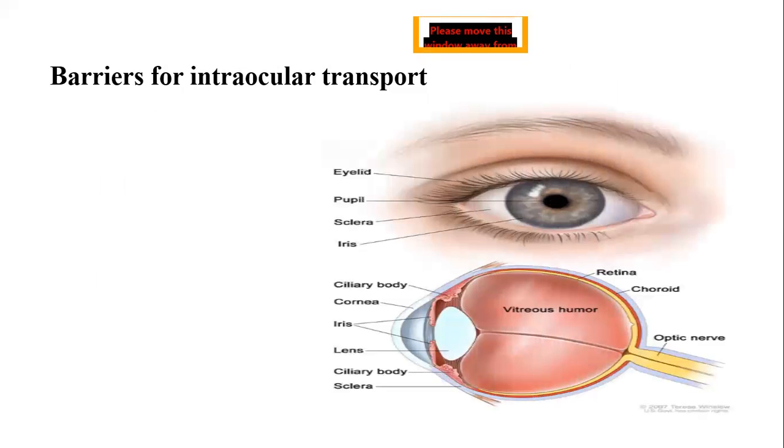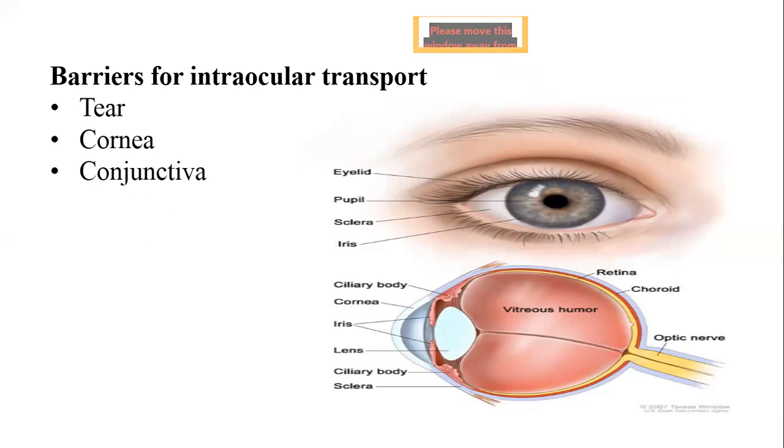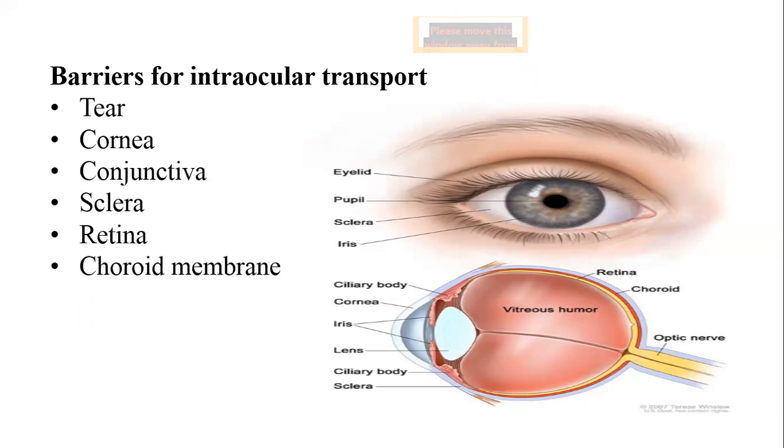Barriers for intraocular transport. There are several barriers for intraocular transport. For example, first we have tear, second the cornea, third conjunctiva, fourth sclera, fifth retina, and choroid membrane.